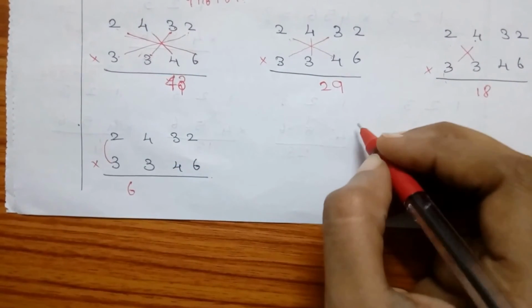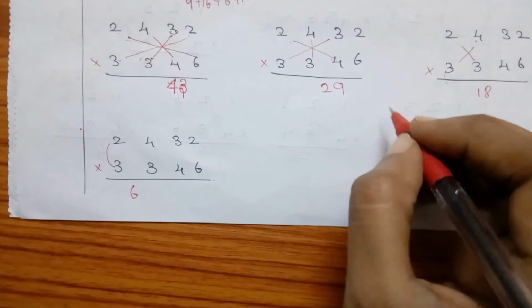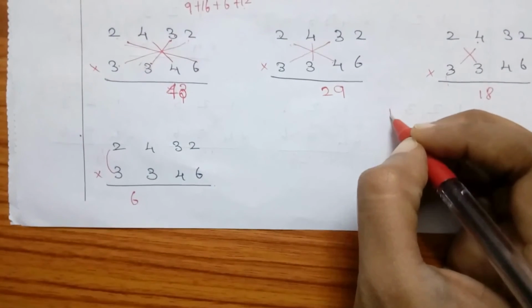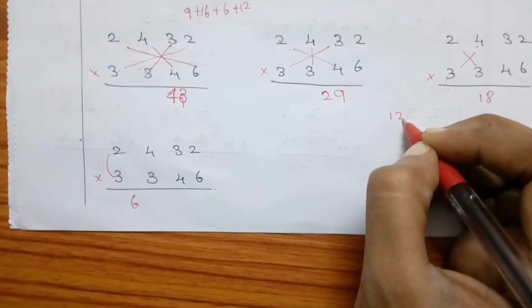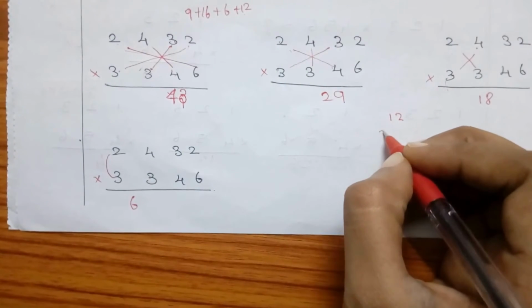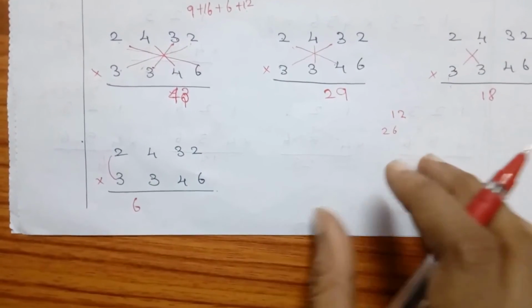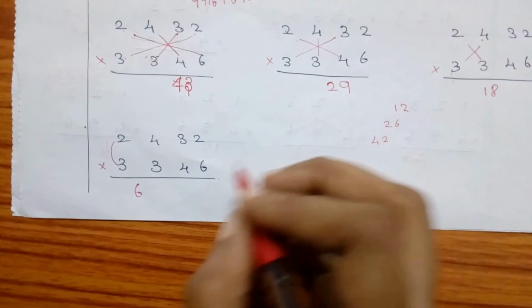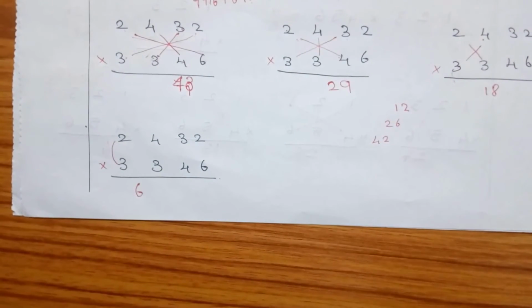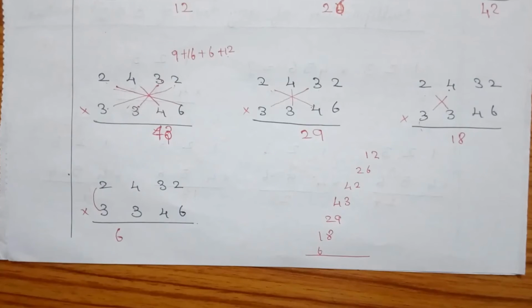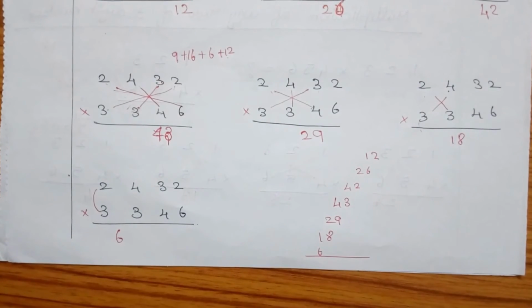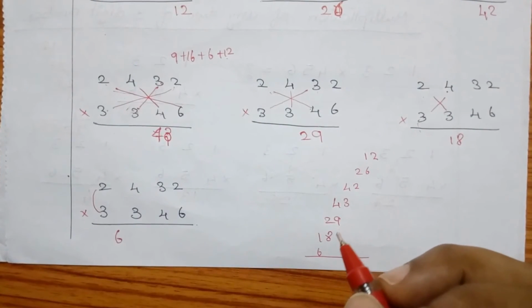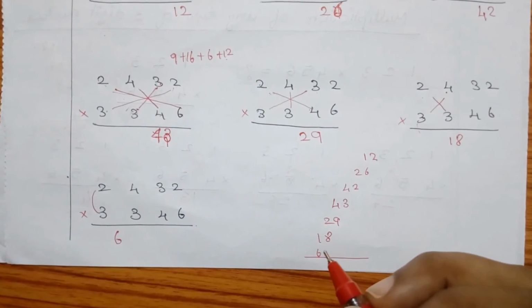So how will I get the total answer? So I am writing over here. First I got 12, and then 26, and then 42. Okay, next is 43, 29, 18 and 6.